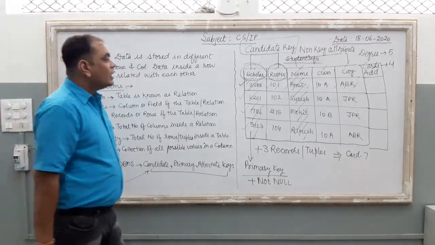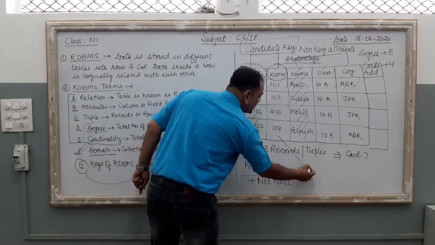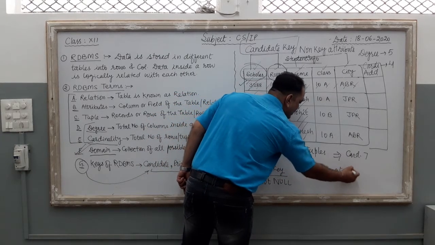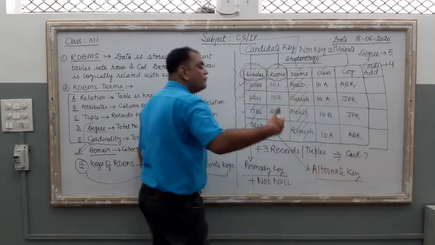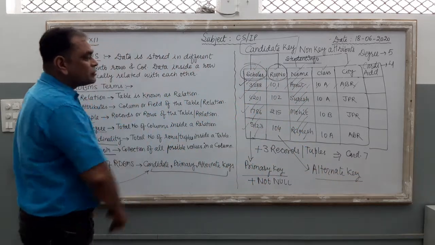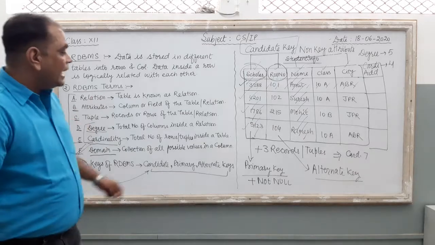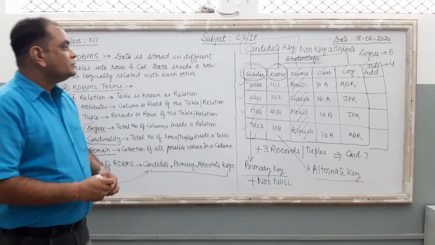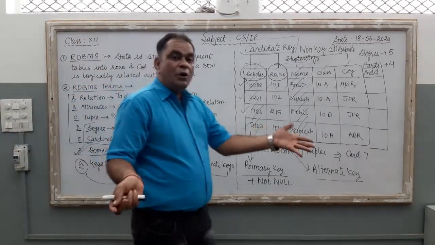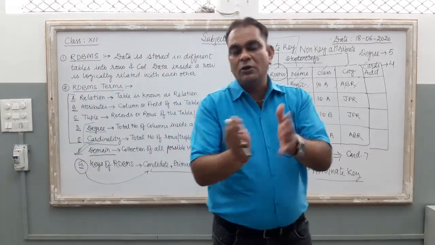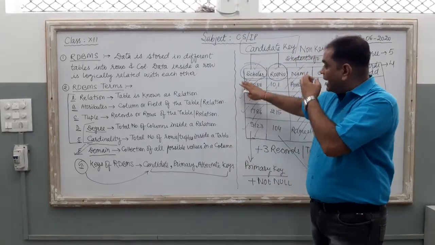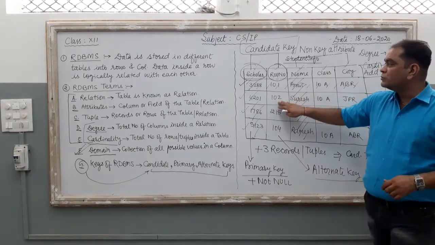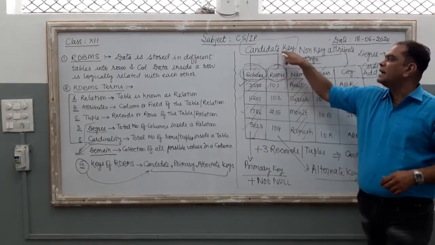Now the roll number column is known as the alternate key. Clear? Alternate key means in future you can use this column, this field, as a primary key field. Clear? So the table is divided into two different concepts. The first concept is to find all the columns that contain unique values, and these are known as candidate key columns.